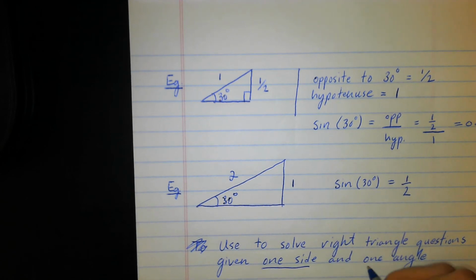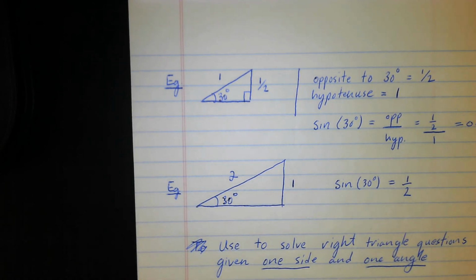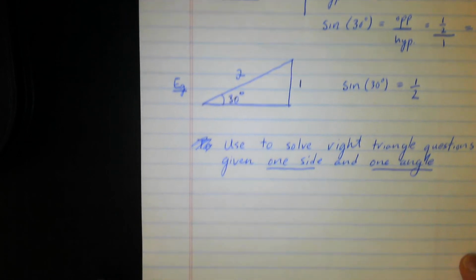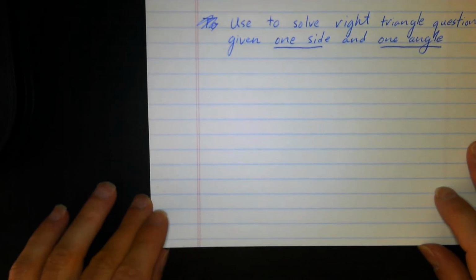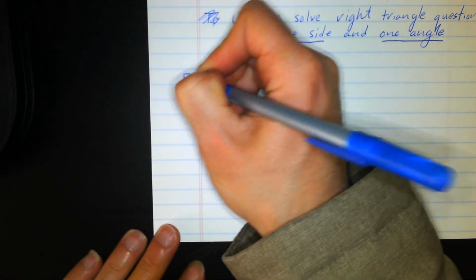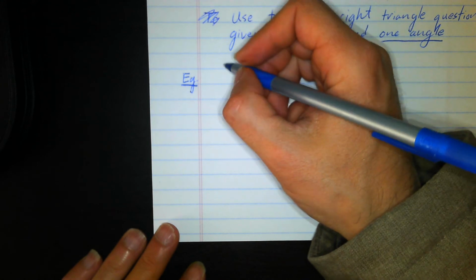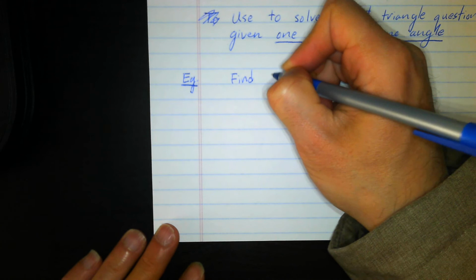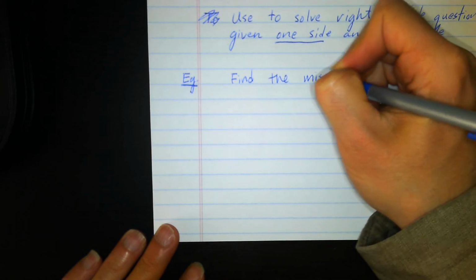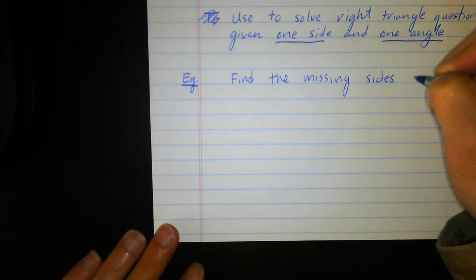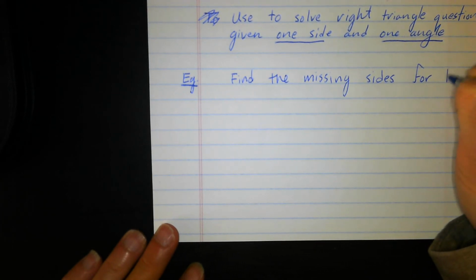So if I have one side and one angle, I can solve any right triangle problem. Okay, let's give this a shot. So for example, let's find the missing side, or the missing sides, for the following triangle.